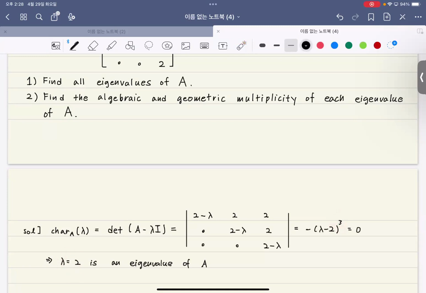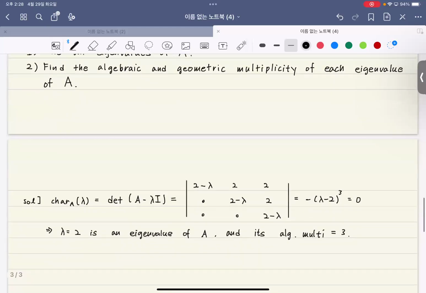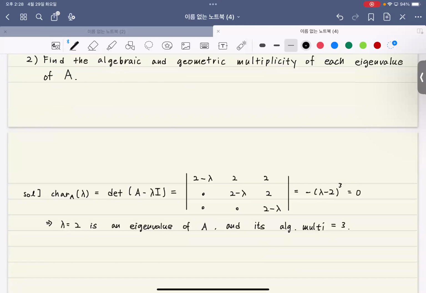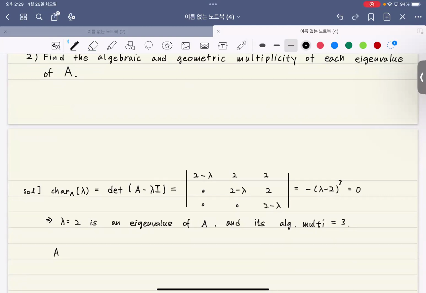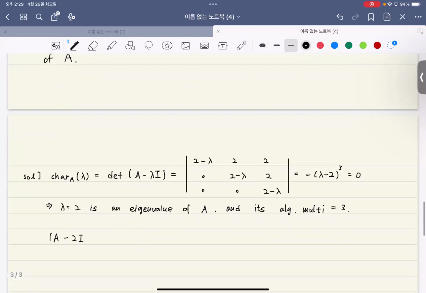So its algebraic multiplicity is 3. Now, what is the geometric multiplicity? Let me try to find it. We solve (A minus 2I)x equals 0.